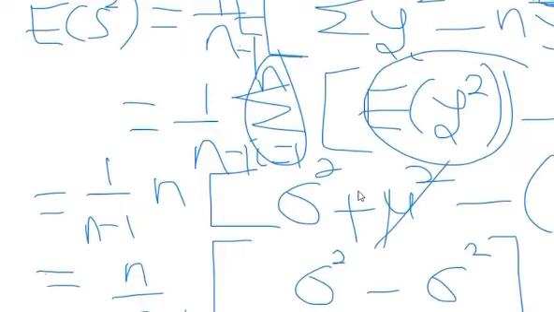Now, if this n multiplies that, n multiplied by that is going to cancel that n, right? I'm going to have sigma squared, then divided by n minus 1. So I can factorize sigma squared out. Sigma squared into n minus 1 divided by n minus 1, which is going to cancel out.